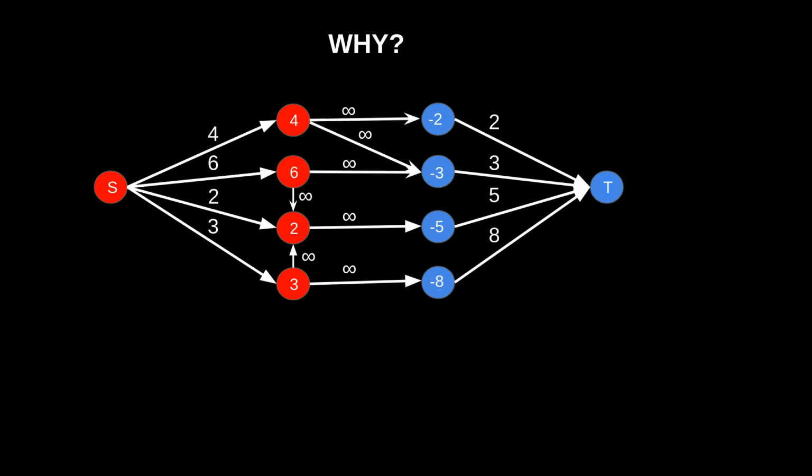This graph is not bipartite. We claim that the answer will be the sum of all the positive reward projects, so 4 plus 6 plus 2 plus 3, minus the flow, i.e. the minimum cut of this graph.